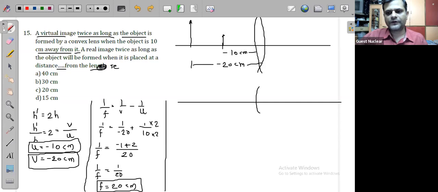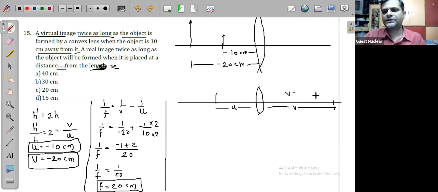Now we want to find out where the object has to be put so that a real image will be formed on the right side, and it will be twice as long as the object. That means again v must be equal to 2 times u here.